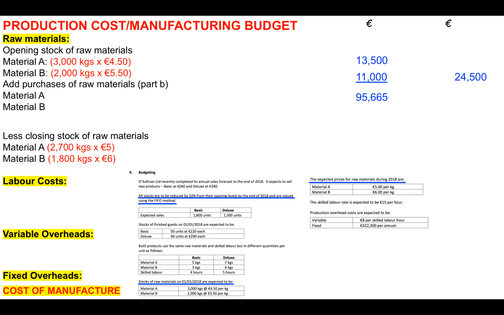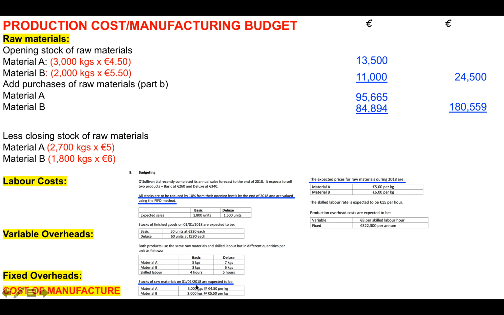Then we add the purchases from our part B, our raw materials purchase budget. In total, our purchases of material A and B are €180,559. Then we take away the closing stock of raw materials, at the expected prices for raw materials during the year. So this is how much our closing stock of raw materials is. And how do I get these kgs?